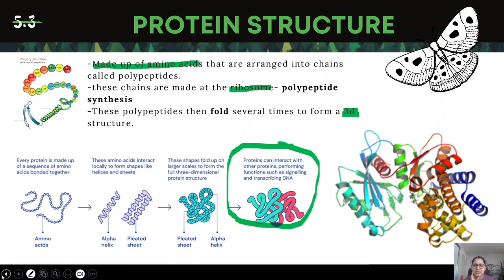But remember, the whole process is happening so that we end up with proteins, and proteins are really important for cell structure and function. So let's move on.